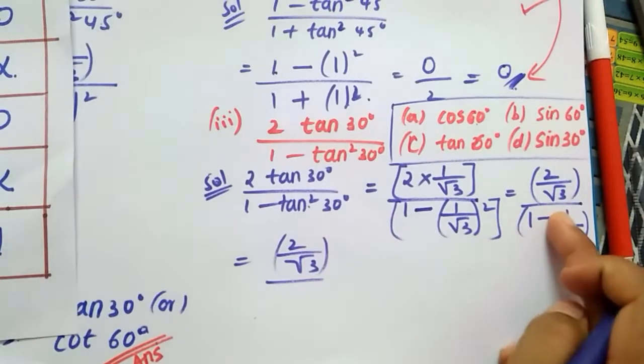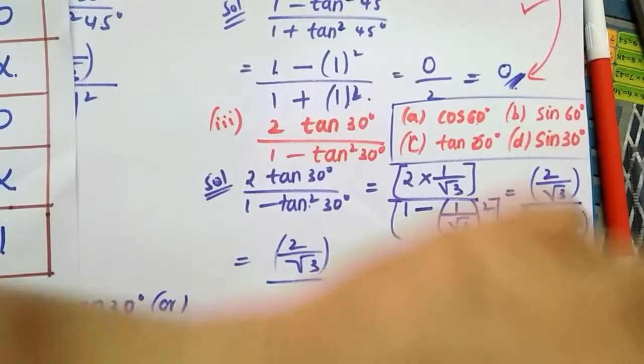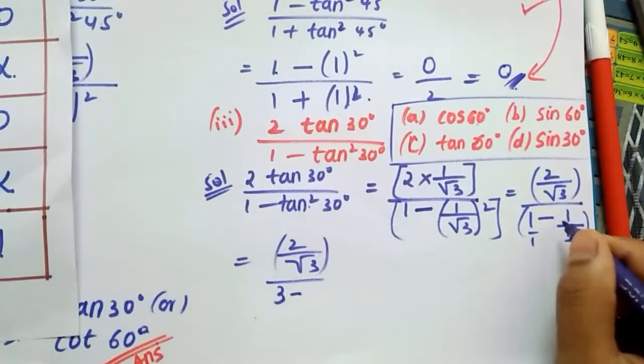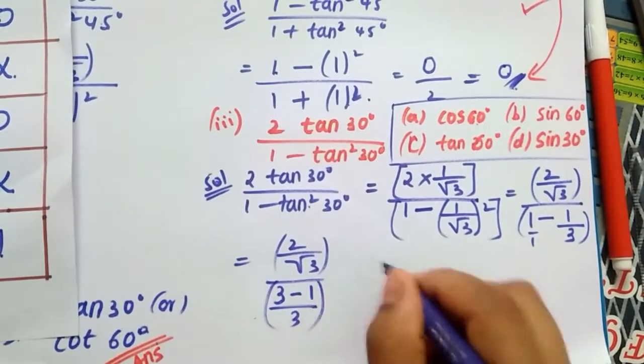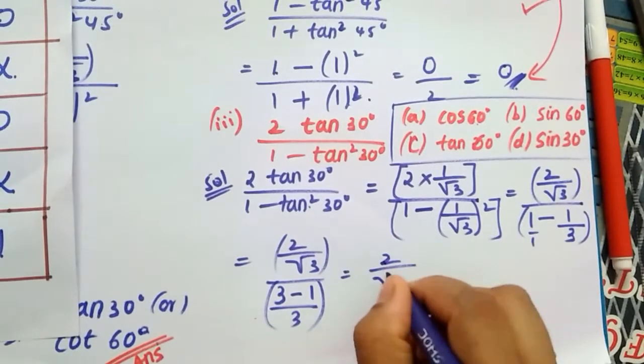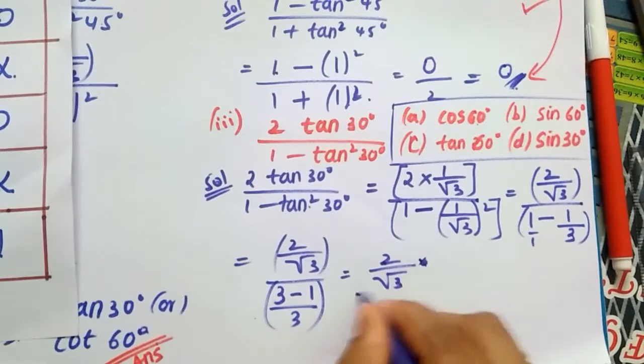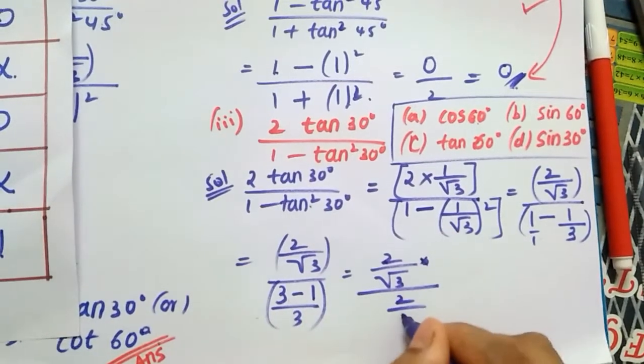And here we are taking out the LCM. What will be the LCM? This is 1. We are multiplying and dividing by 3. So 3 minus 1 divided by 3, right? Now simplifying, the denominator 3 minus 1 is 2 by 3, right?